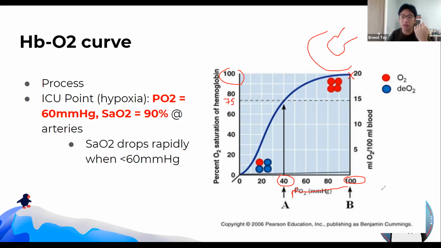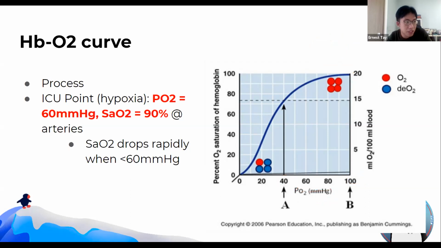And then after that, it will move back into your alveoli, and your oxygen inside your blood increases, and your hemoglobin saturation also increases back to 100. Okay. So that is how this graph works.